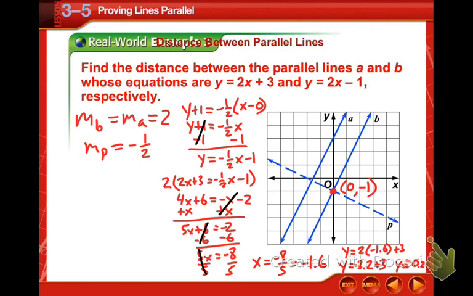So now we're going to take these two points and find our distance. That means we're going to have our x's, negative 1.6 minus 0, squared, plus negative 0.2 minus negative 1, so plus 1, squared.